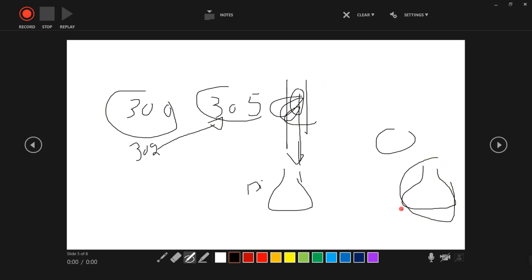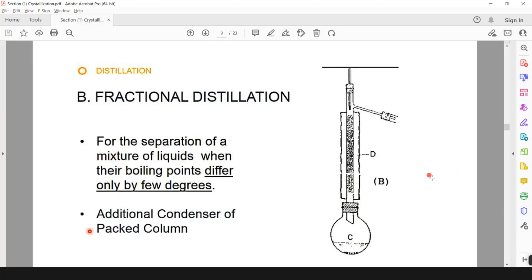After obtaining all the first liquid, I will change the receiving flask and raise the temperature to reach 305, 306, 310, 320. So the second liquid will be able to produce a certain amount of vapor that will pass the packed column and reach the receiving flask to obtain pure second liquid. Okay, so this is very important. It is used for two liquids with a difference of a few degrees, by using this packed column.